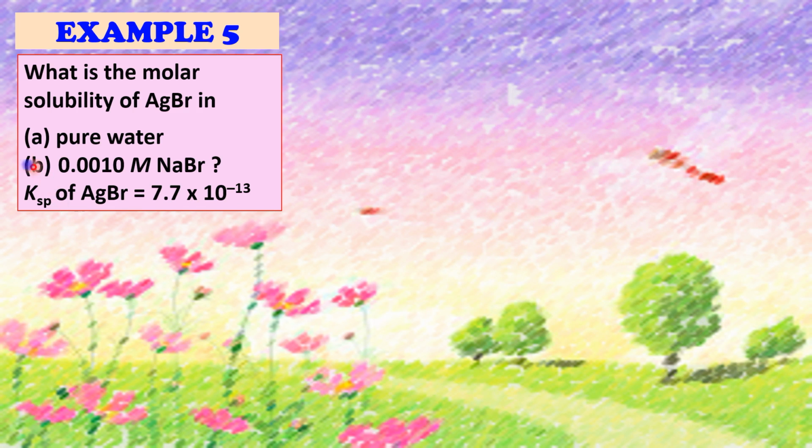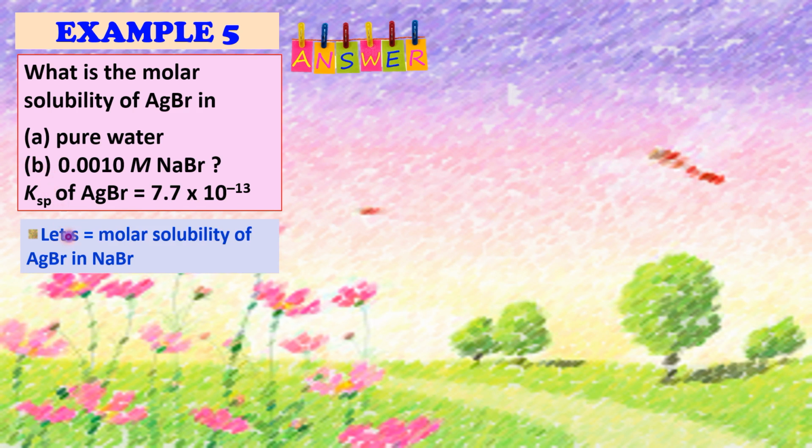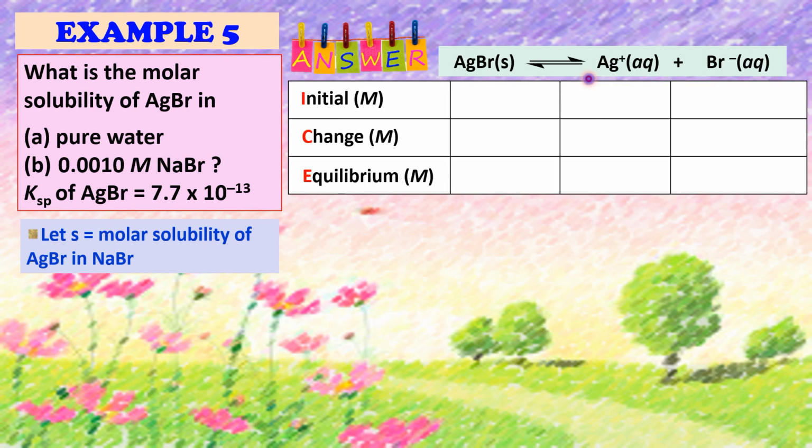For part B, first of all, you have to write the assumption. Let S be the molar solubility of AgBr in NaBr, which means that we add NaBr into the AgBr solution. Use the same salt dissociation equation and write the ICE table. Solid not considered, write a dash. Ag plus is not formed yet.